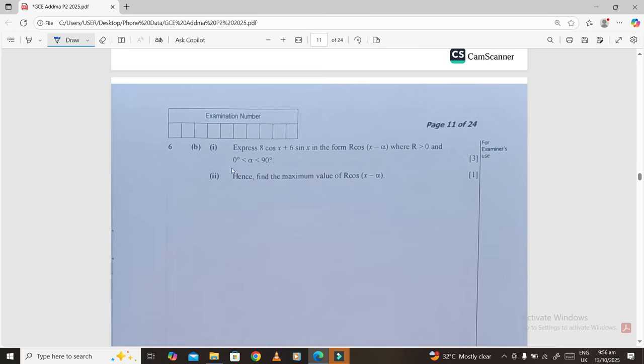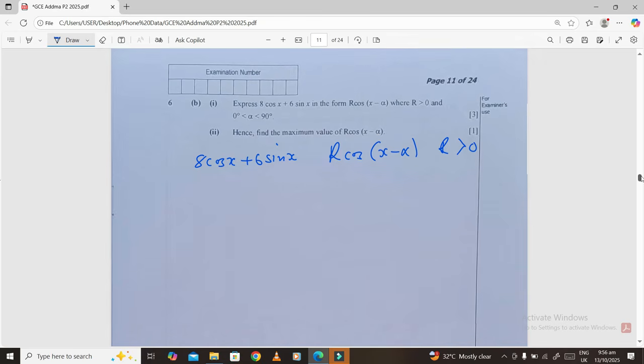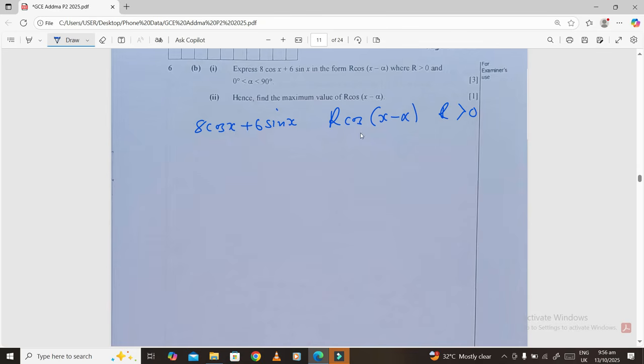Alright, so for question 6b, they are saying express 8 cos x plus 6 sine x in the form r cos x minus alpha. Okay, so r is less than 0. So basically what we're going to do here is to use the property of cos on this one.